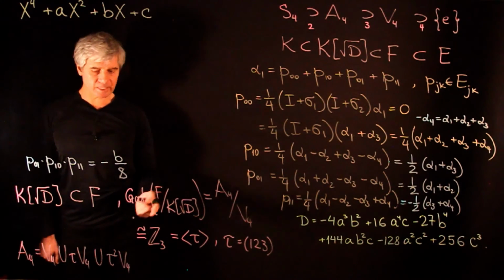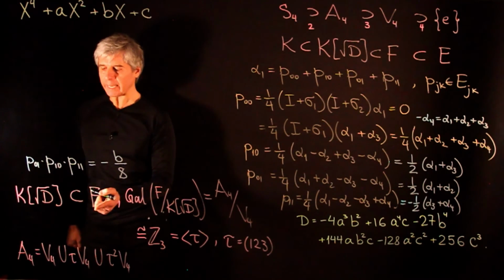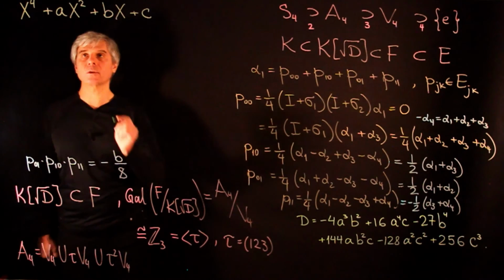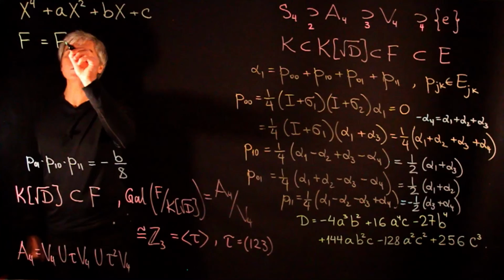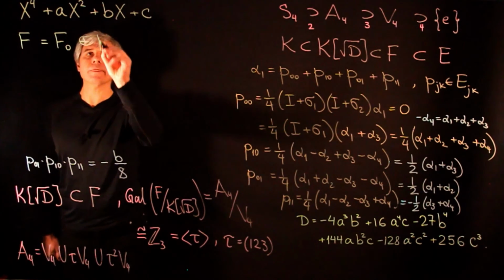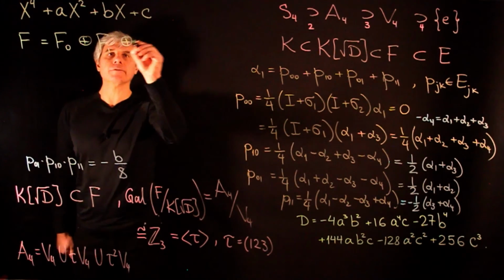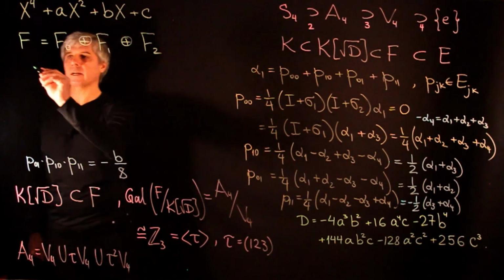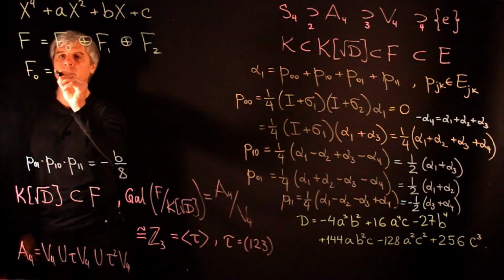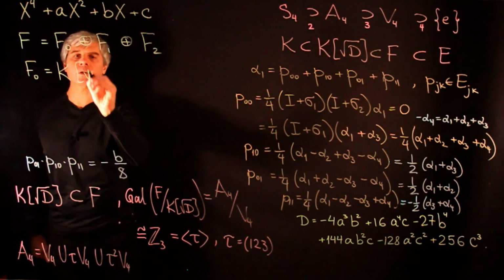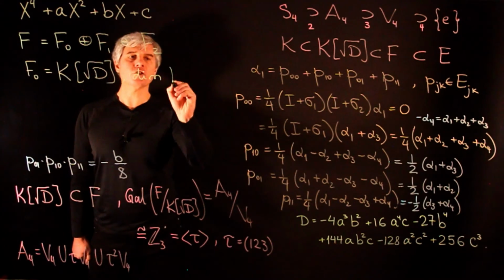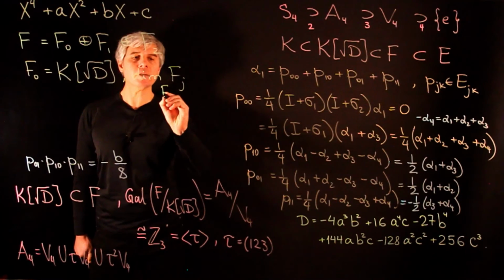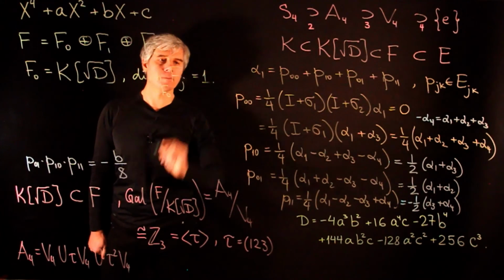Next, we consider Z3 grading on the space F by eigenspaces of tau. So we write F is F0 plus F1 plus F2, where F0 is K with square root of d, and dimension of each Fj over F0 is equal to 1.